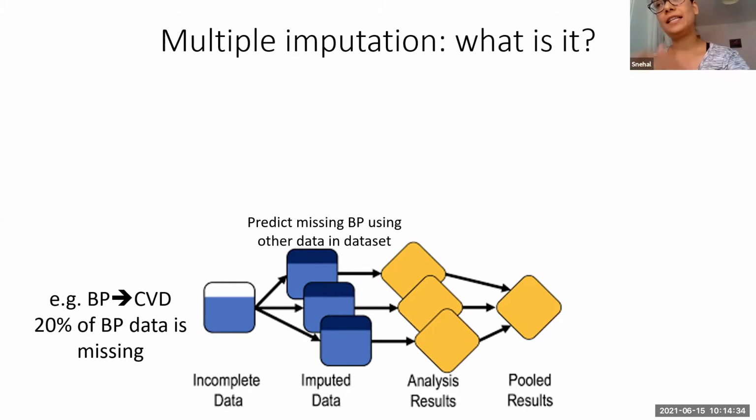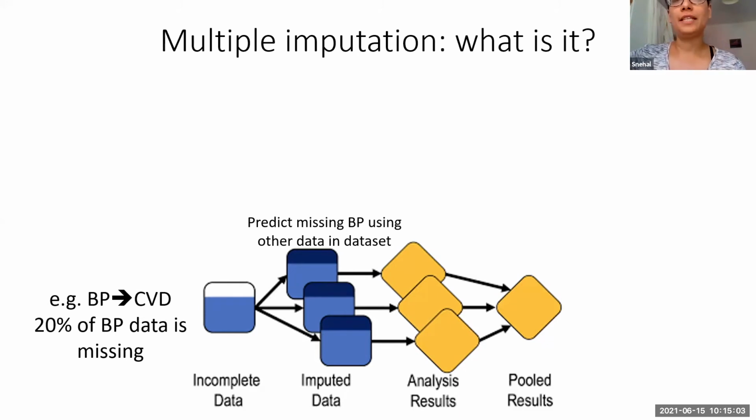Then we analyze each complete data set on its own and get 20 sets of results. Essentially, you're doing the same analysis 20 times. You obviously don't want to present 20 sets of results because that's just crazy. Also, more seriously, each result doesn't account for the fact that you have uncertainty in the predicted blood pressure.